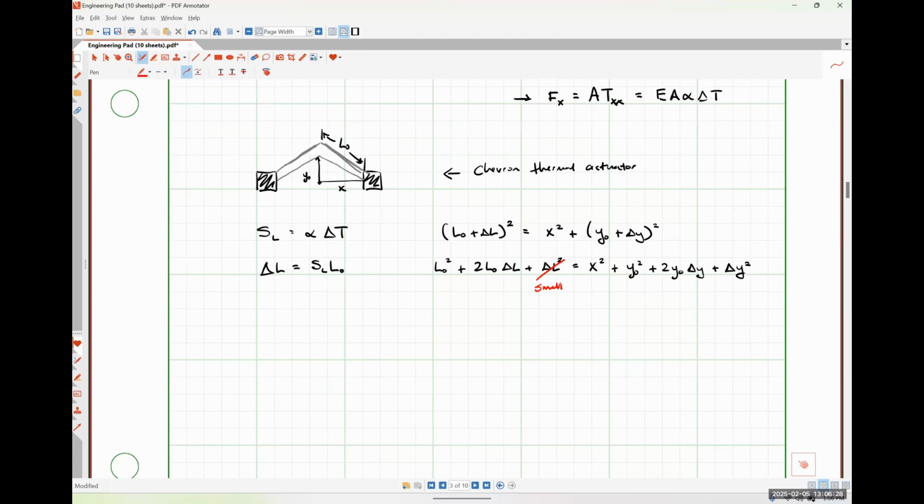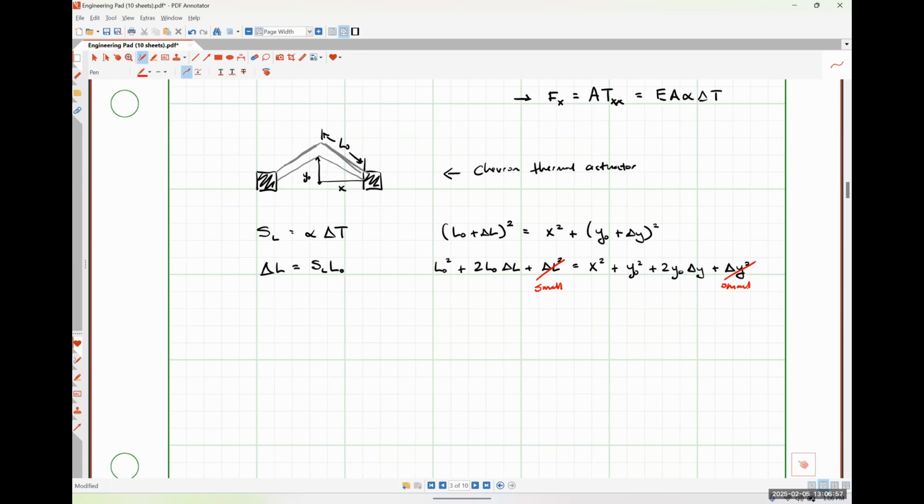In order to get a large displacement out of this thing in extension, we would need to have a really long length. So the ratio of delta L, comparing the change in length to the nominal length, is going to be very, very small. And I'm going to make the exact same assumption about delta y. Since it's going to be small, I'm just going to neglect it for now.